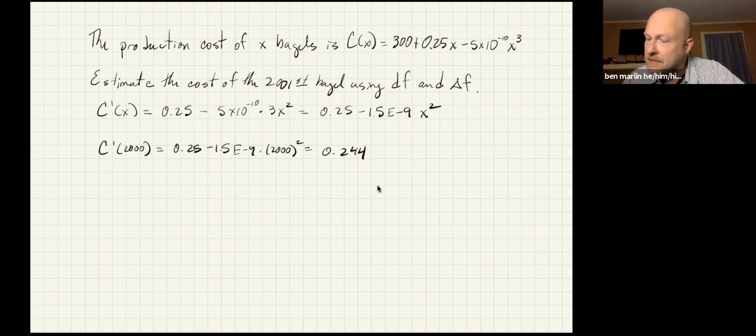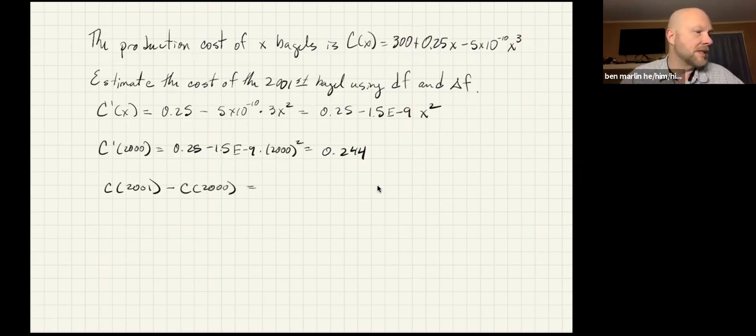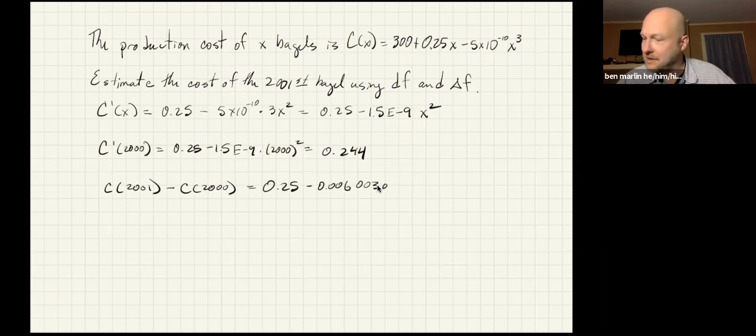If on the other hand, you were to just go in and say C of 2001 minus C of 2000 and see what you came out with. And again, I did this by hand before. I get 0.25 minus 0.006003 0005.